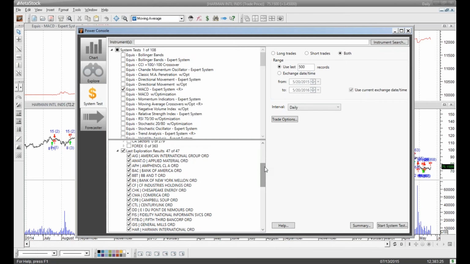Now I want to preface, before I get into the forecaster tool, I want to let you guys know that, and you already know this, this is not a newsflash for you, there's no magic 8-ball for trading. There's no crystal ball for trading. There's nothing that's going to 100% tell you the future on it.